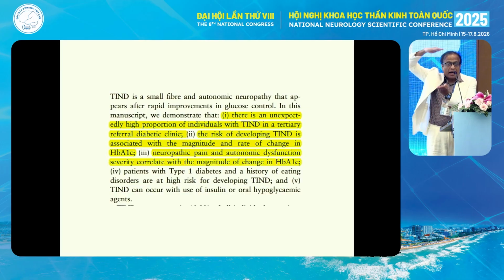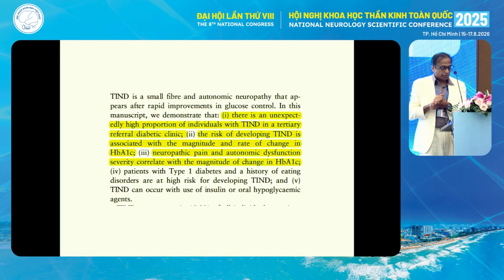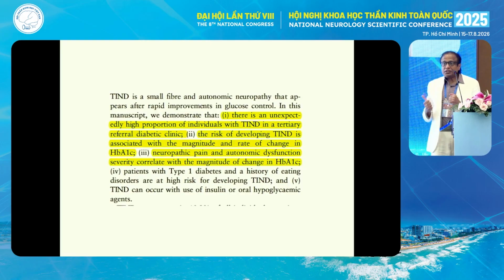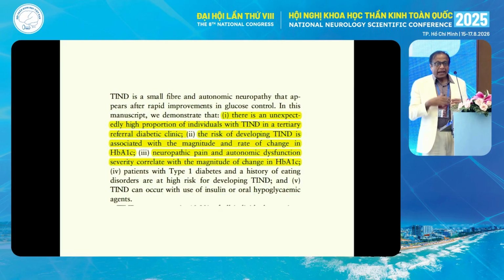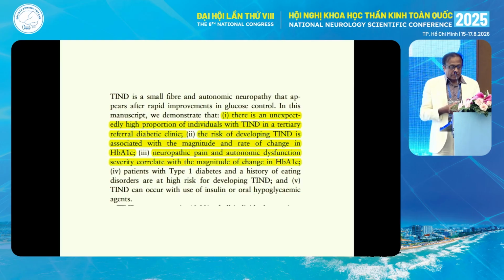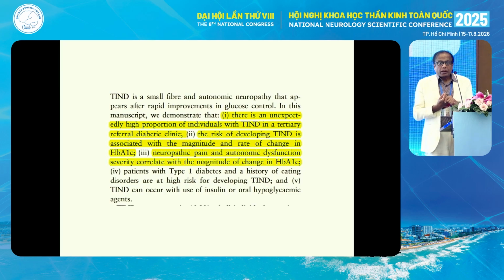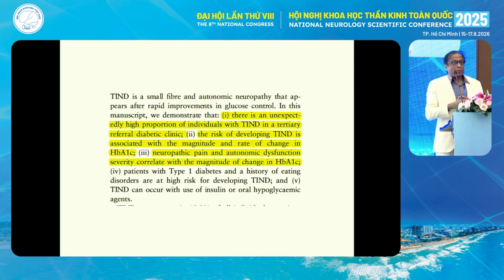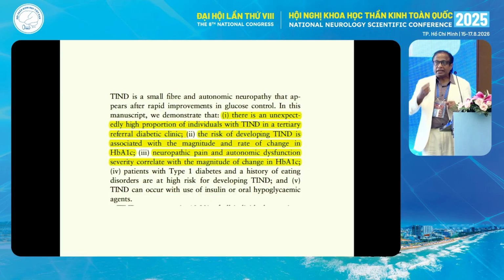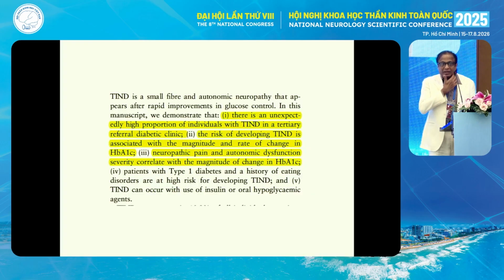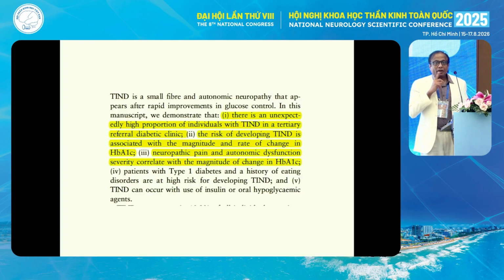So both the amount of change and the speed at which it comes down is very important. It's characterized by severe small fiber neuropathic pain and autonomic dysfunction, associated also with maculopathy. Most commonly seen in insulin patients, but it can also be seen in patients taking oral hypoglycemic agents. So, please remember this as another mimic of Guillain-Barré syndrome.